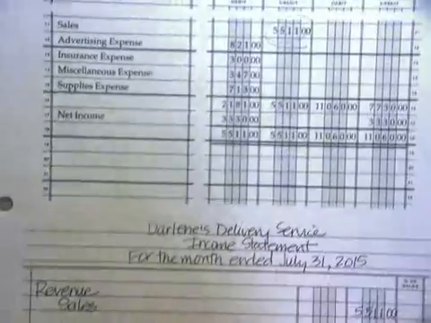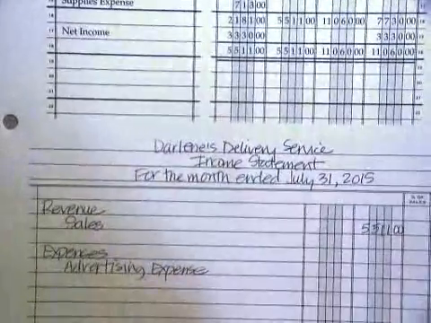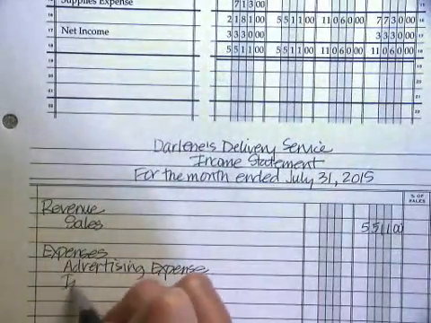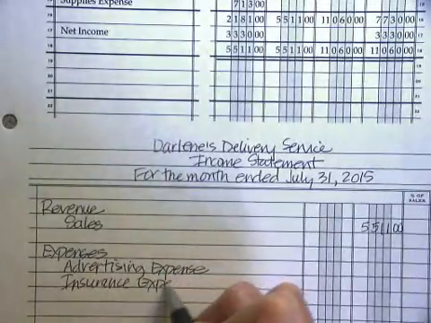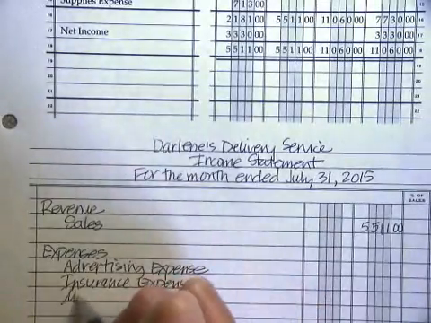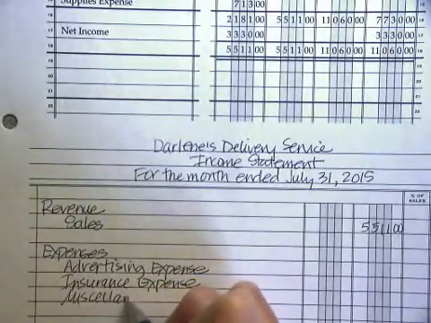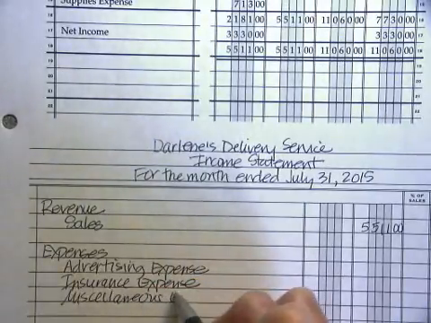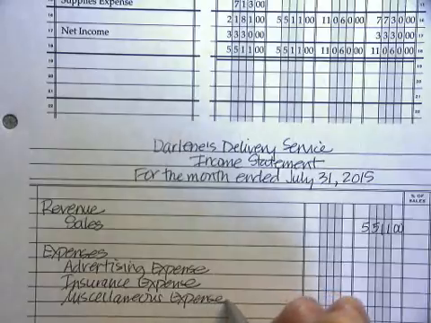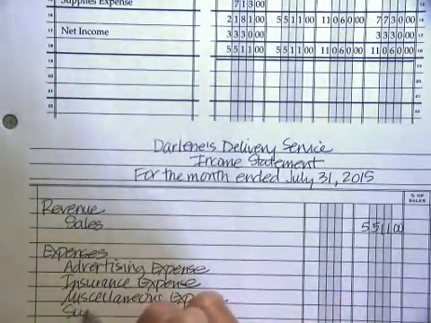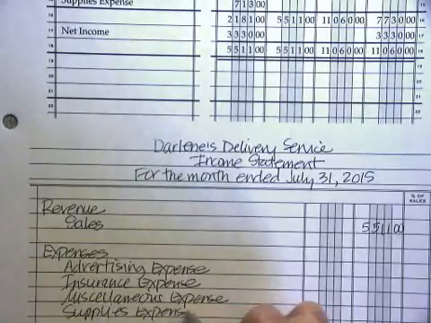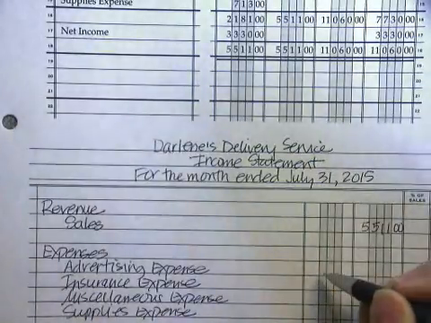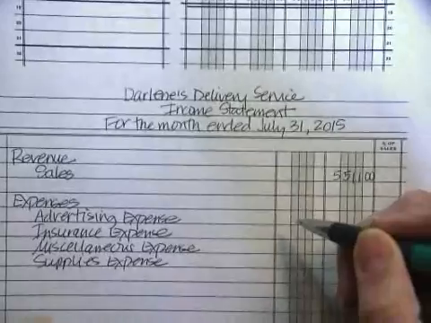Okay? That's okay. So we have advertising expense, insurance expense, miscellaneous expense, supplies expense, and then we're going to record the amounts in the first column.